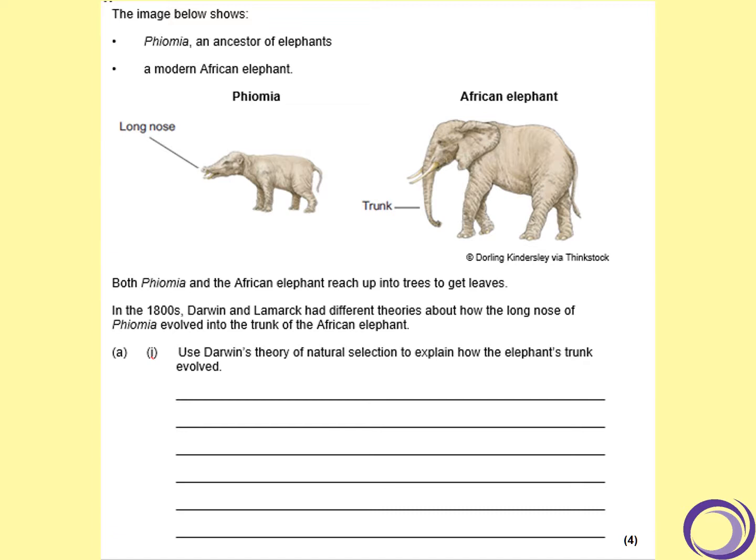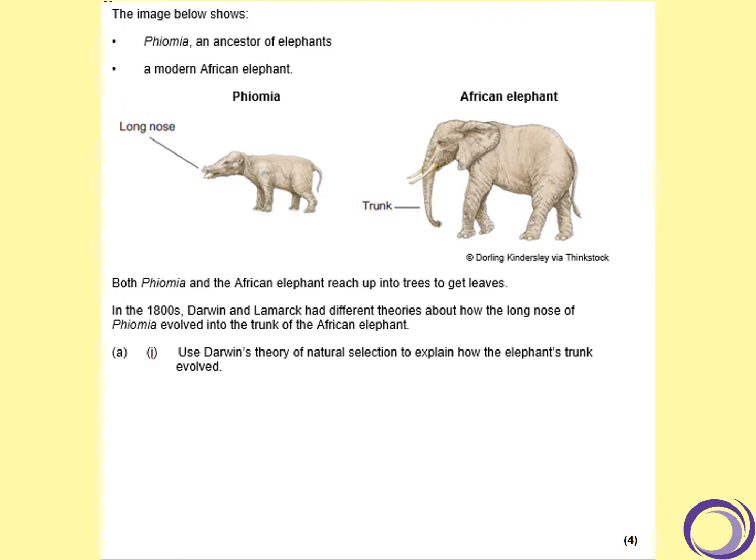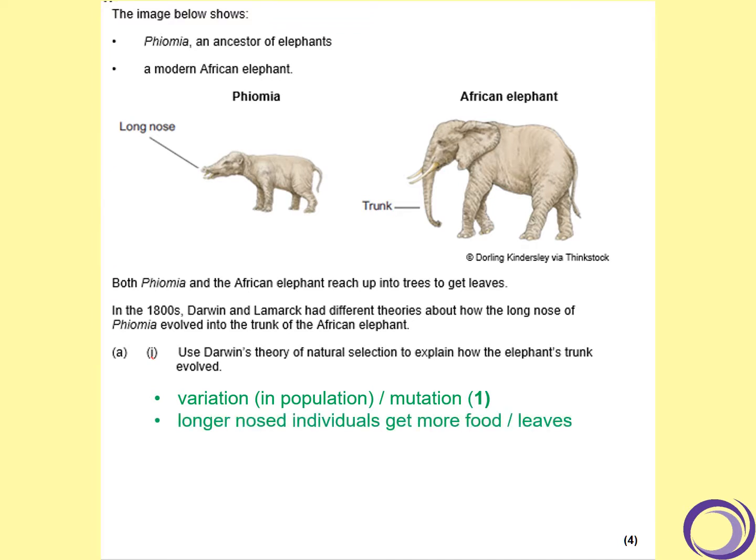Okay, brilliant. So the first thing you should have written about was something to do with the fact that there is variation in a population. So even within the same species, there will be variations. Any elephants which have a longer nose or a longer trunk would be able to get more food because they'd be able to reach up high into the trees to get the leaves.